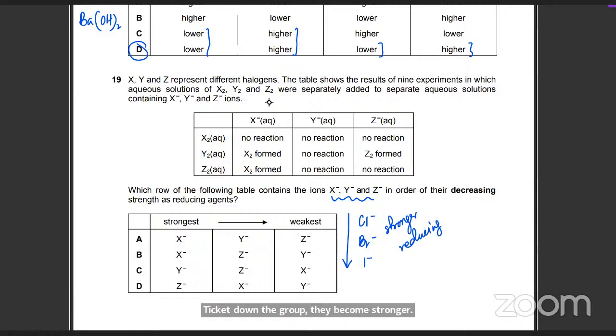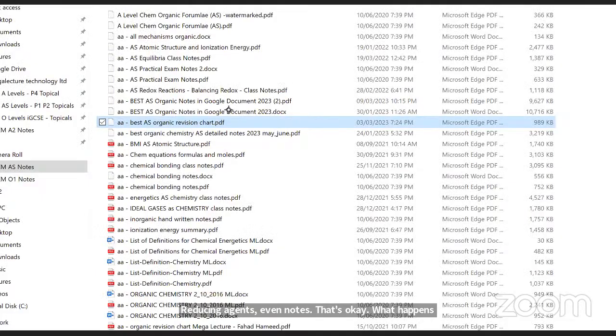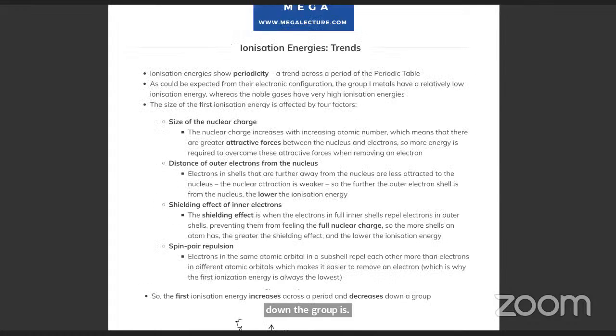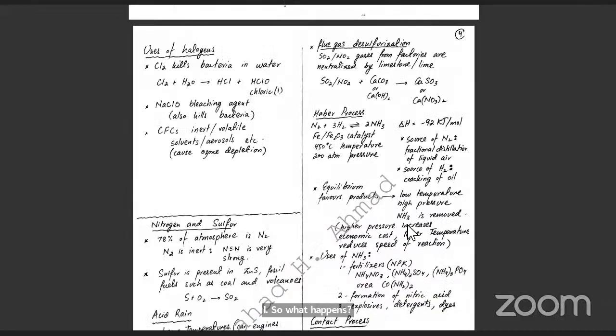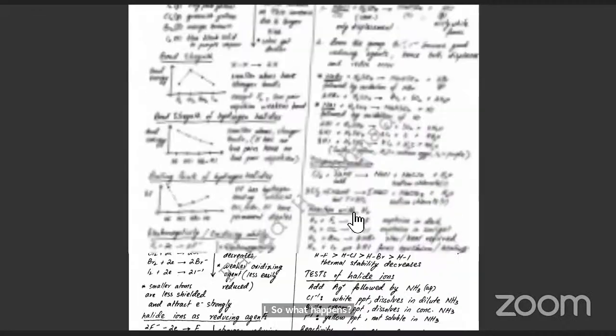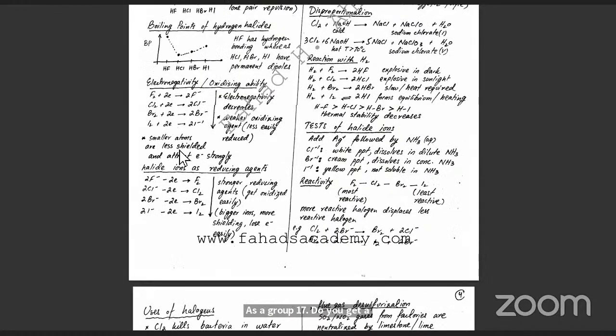Reducing agents. What happens down the group? In group 17, you can remember they become stronger reducing agents down the group.